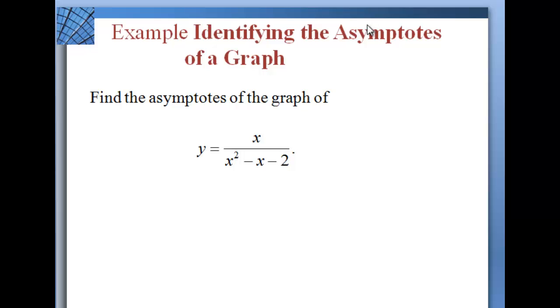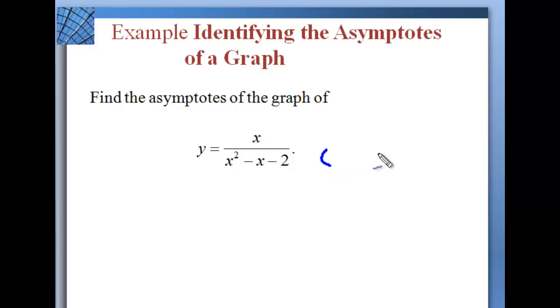Let's look at an example here. Let's find the asymptotes of the graph of y equals x over x squared minus x minus 2. Now, remember, the denominator of a fraction can never equal 0. So the first thing we have to do is factor this.